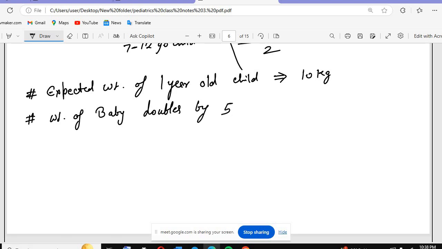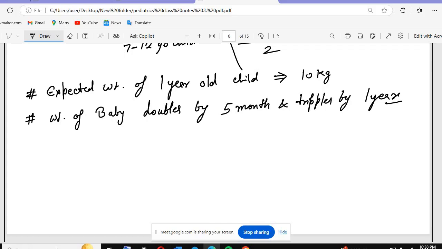For example, if the baby is born with 2.5 kg, after 5 months the weight will be double, like 5 kg, and it triples by 1 year.